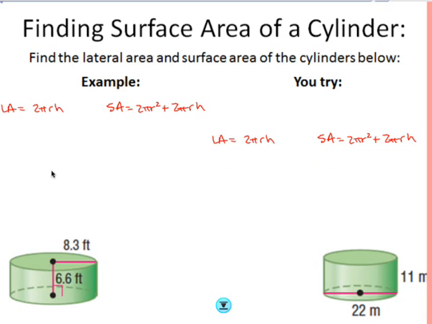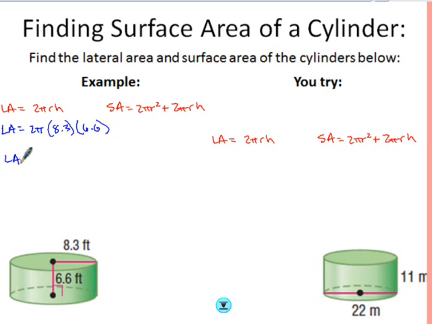2 pi r, and we'll leave these in terms of pi just for general simpleness. So this one is lateral area equals 2 times pi times, the radius here is 8.3, and the height is 6.6.